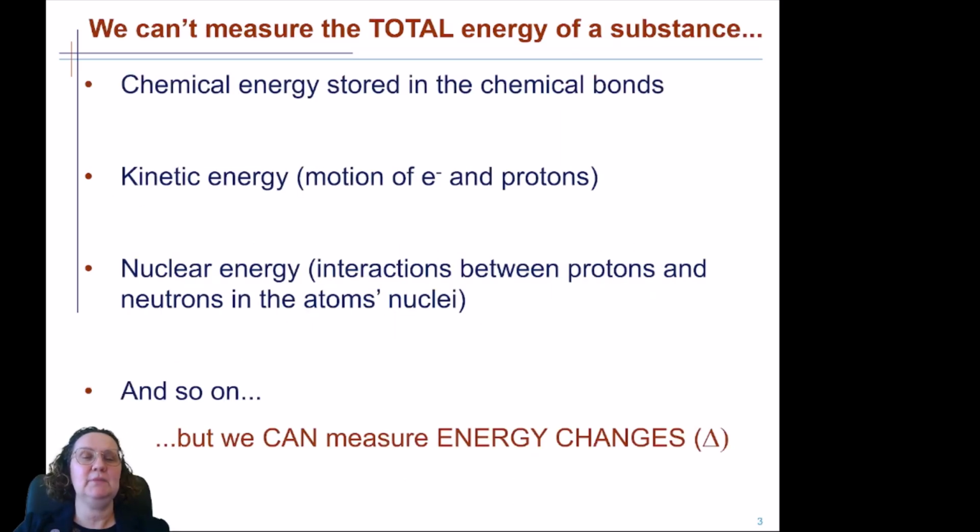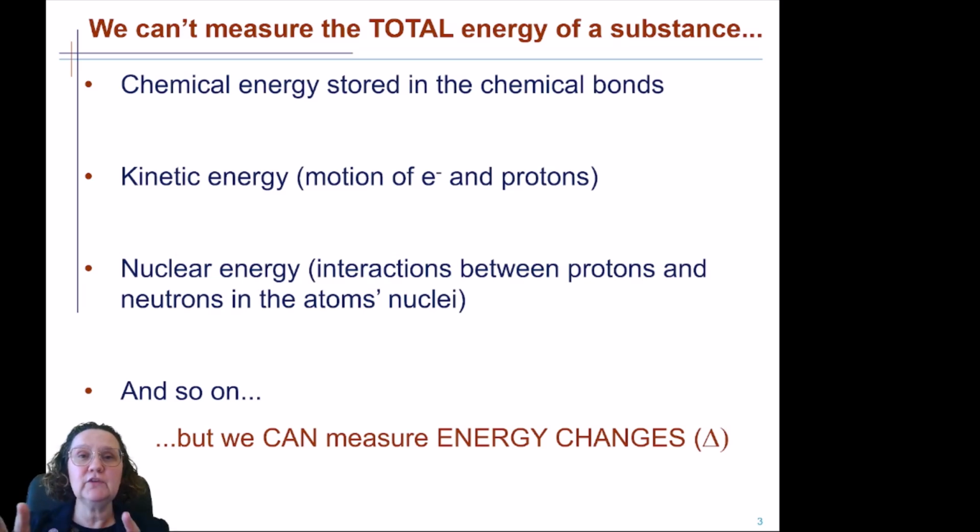In thermodynamics, we never measure absolute values. You cannot measure the total energy of a substance, because if you think of any chemical compound, it would be the chemical energy stored in those bonds, the kinetic energy for the movement of electrons around the nucleus, the interactions between the protons and the nucleus in the nucleus of the atom.